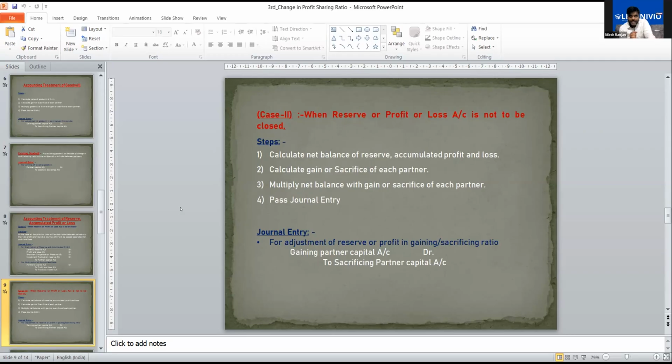So we have to adjust all these balances in the gaining sacrificing ratio. So calculate the gain or sacrifice of each partner, then multiply the net balance we have calculated with the gain or sacrifice of each partner. And with that amount, we will pass the journal entry. So the journal entry will be gaining partners' capital account debit to sacrificing partners' capital. Please write this.